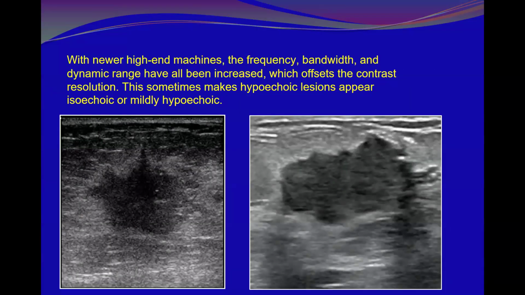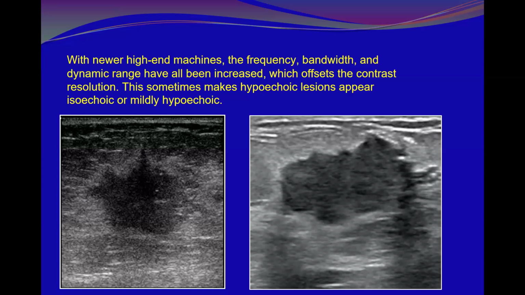Here I have hypoechoic lesions. Both are hypoechoic, but this is deeply hypoechoic and this is slightly hypoechoic. With high quality ultrasound machines, the frequency, bandwidth, and dynamic range have all been increased, which offsets the contrast resolution.